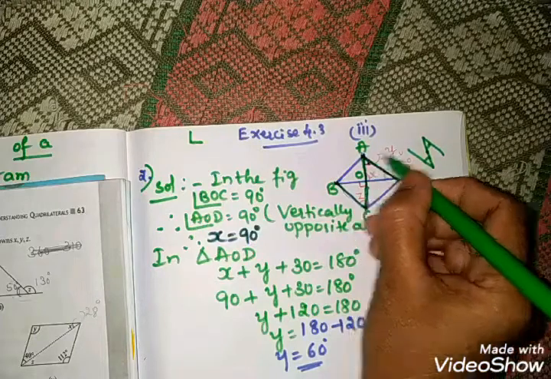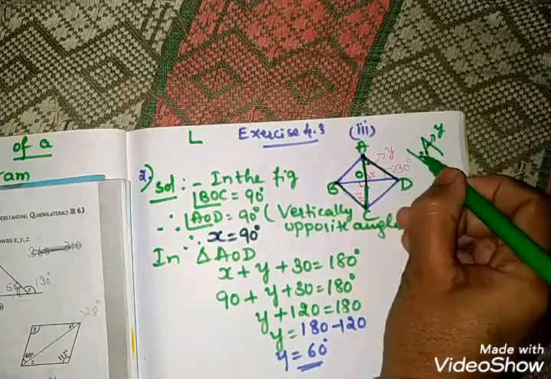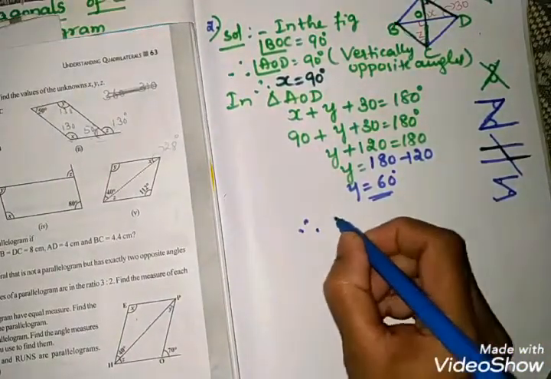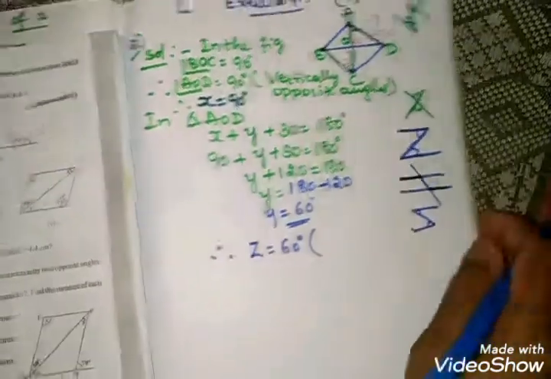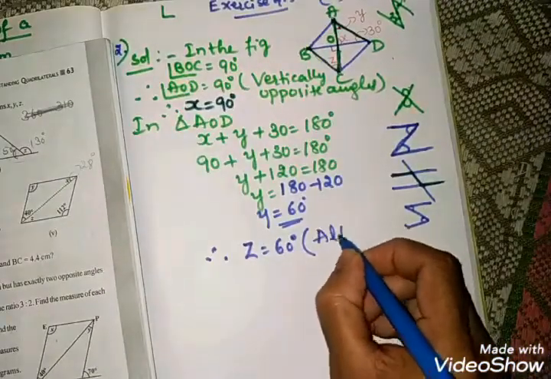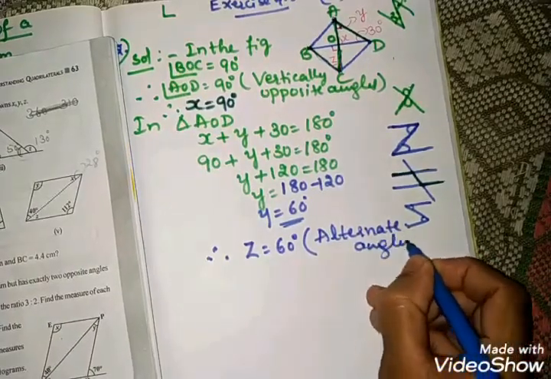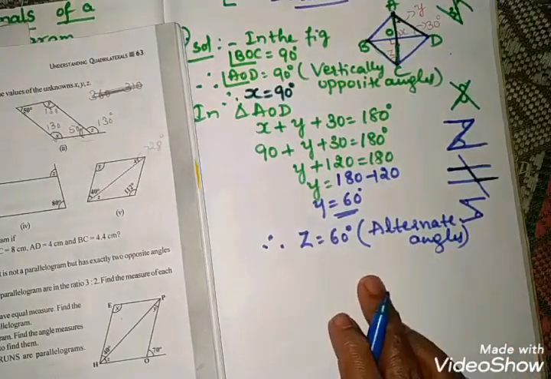This angle is y, here this angle is y. So this is Z. So y is equal to 60 degree. Therefore, z is also equal to 60 degree. What is the reason for this? Alternate angles, because they are alternate angles. In this way we can find out. Understood, children? In this way we can do that.